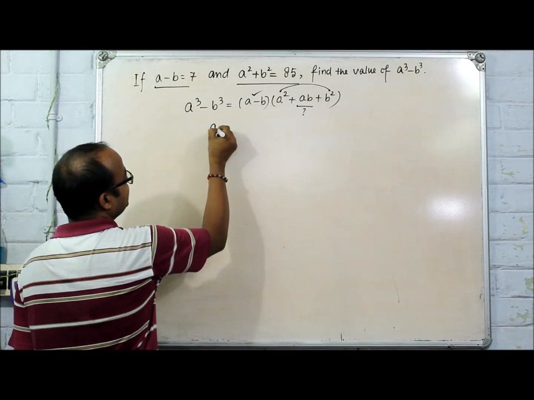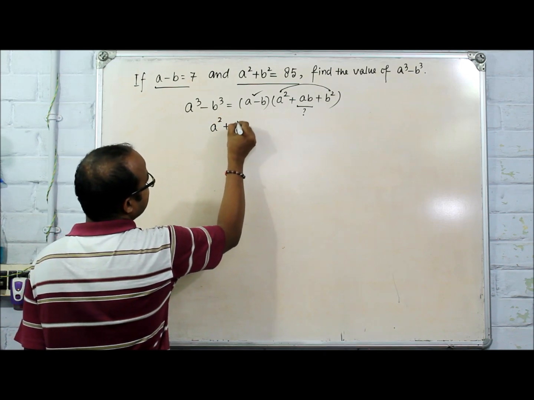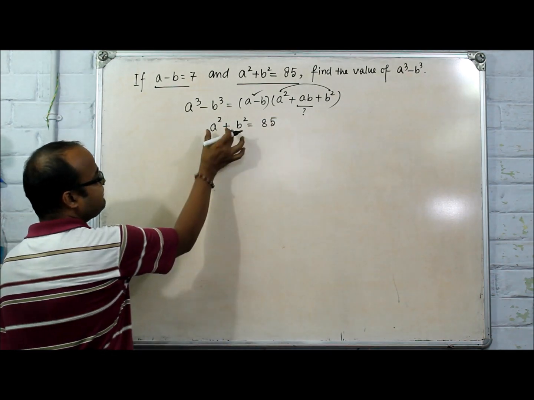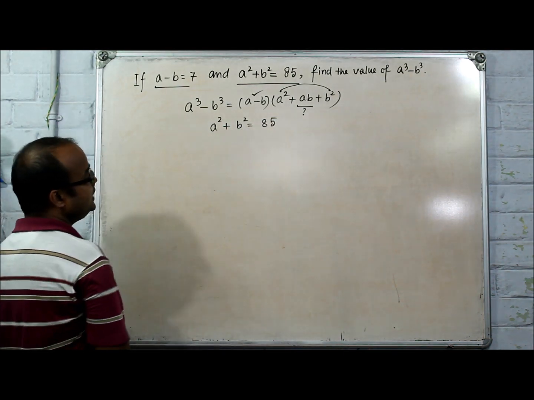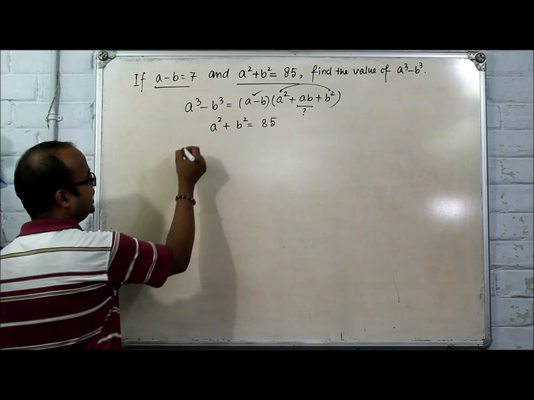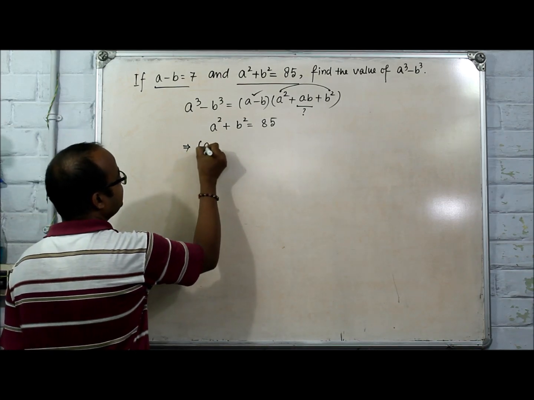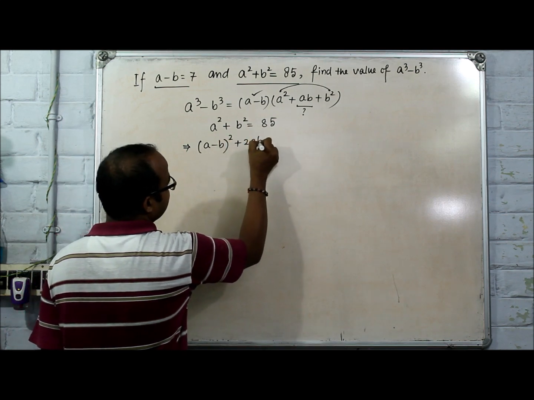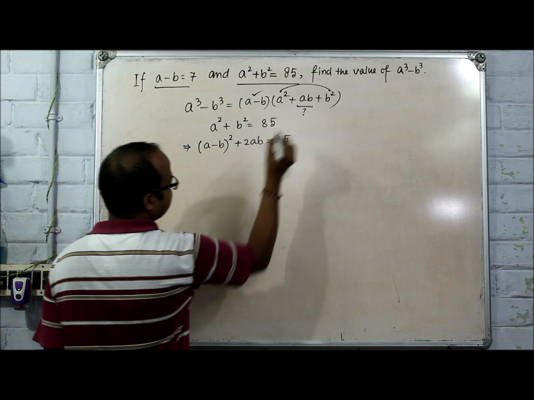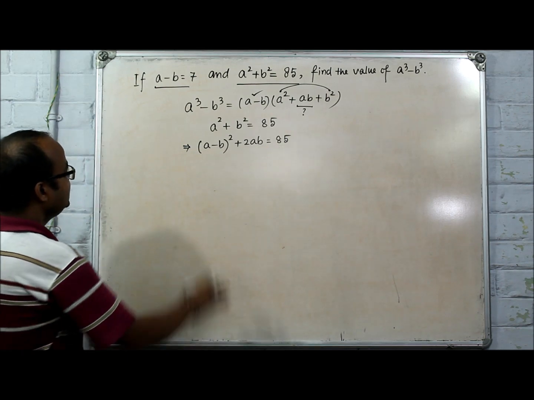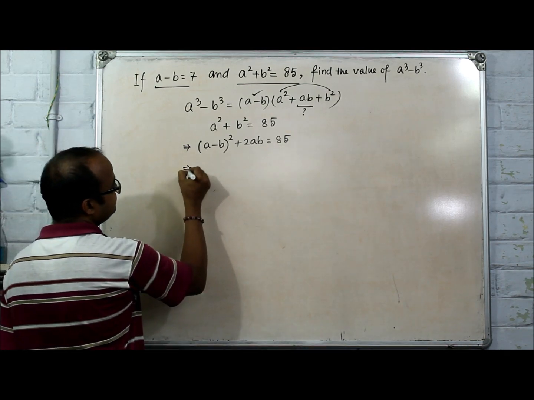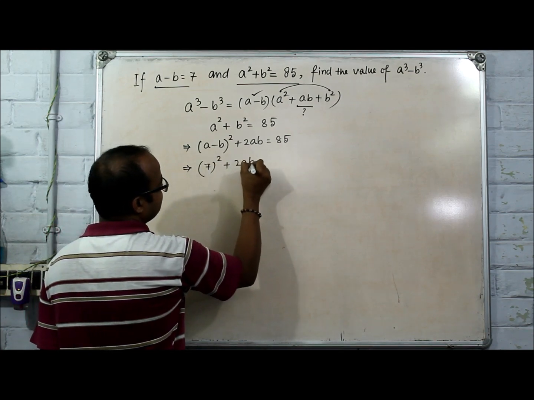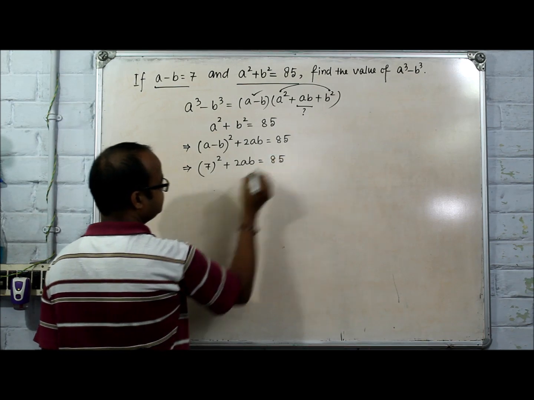So what we need to do, we need to use these two relations to find out the value of ab. Now for that you can write a square plus b square is equal to 85. Now apply the a square plus b square formula in terms of a minus b. So you can write a minus b whole square plus 2ab is equal to 85. Clear? Now a minus b is equal to 7. So 7 square plus 2ab is equal to 85.